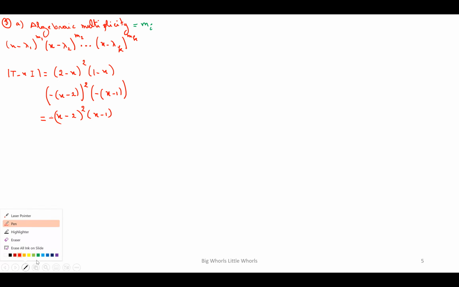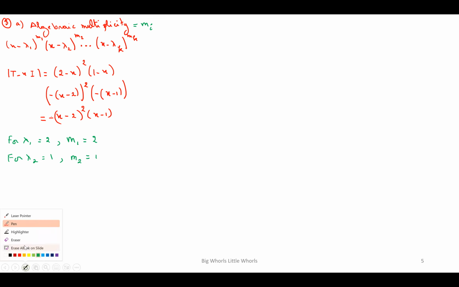So for lambda 1 equals 2, the algebraic multiplicity m1, the power of x minus 2, is 2. The algebraic multiplicity is 2. And for lambda 2, which equals 1, the algebraic multiplicity m2, the power here is 1.